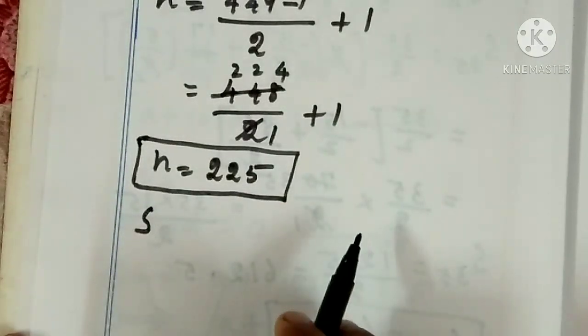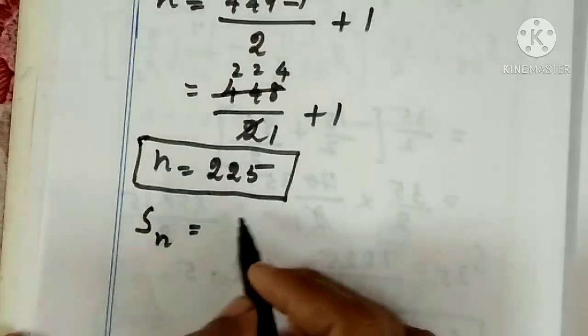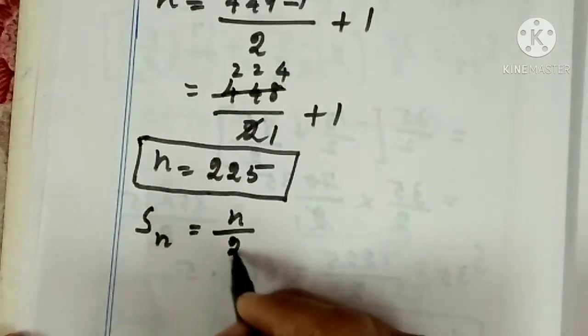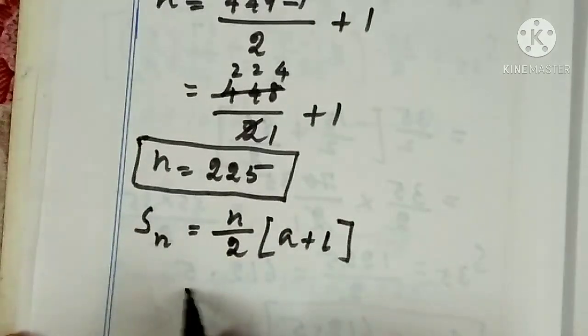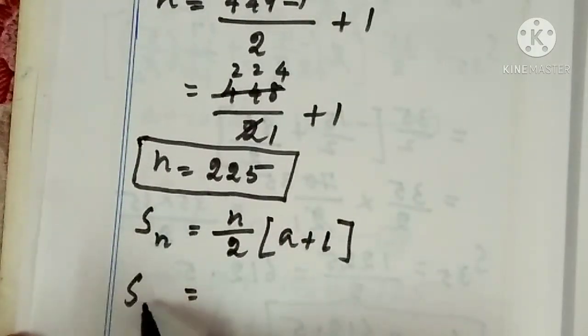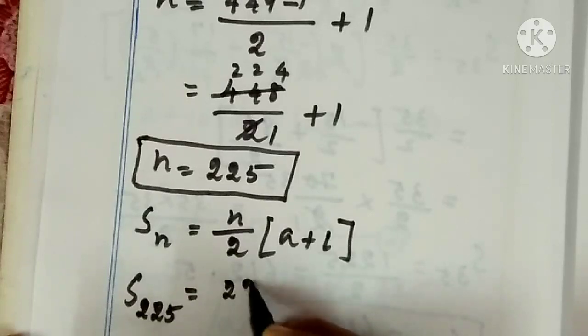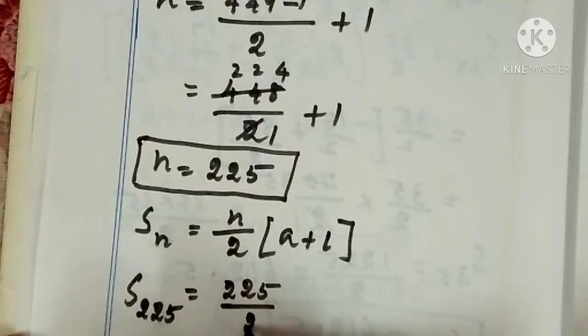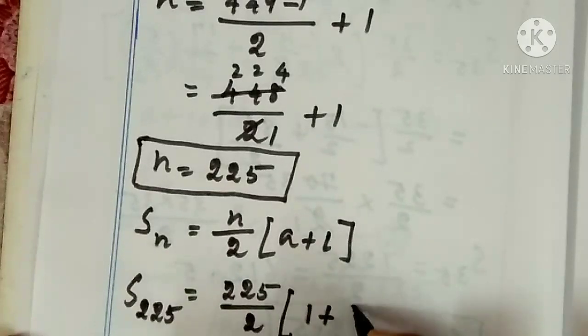Now, you have to apply the Sn formula. Here we know the last term. So, you have to use the Sn formula. Sn is equal to n by 2 into A plus L. Here S225 is equal to 225 by 2 into, here A is 1 plus L is 449.